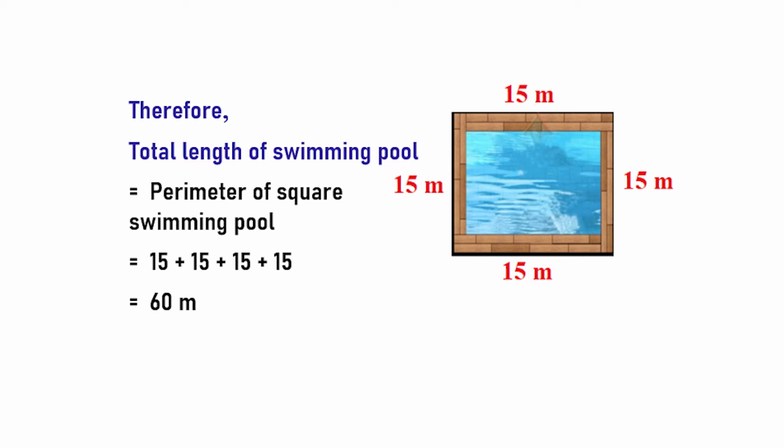Therefore, the total length of the square swimming pool will be equal to perimeter of the square swimming pool, which is equal to 15 plus 15 plus 15 plus 15, which is equal to 60. Hence, total length of a square swimming pool is equal to 60 meters.